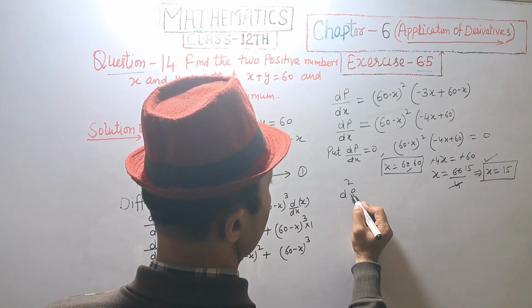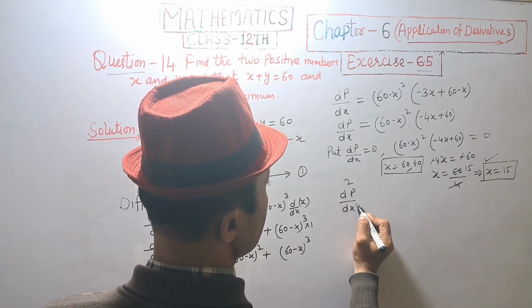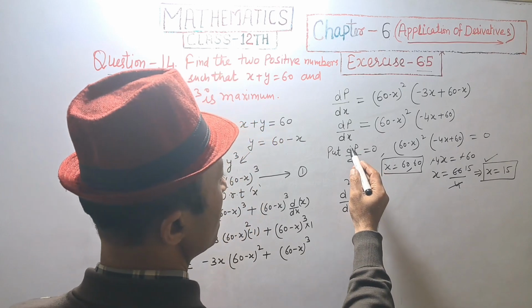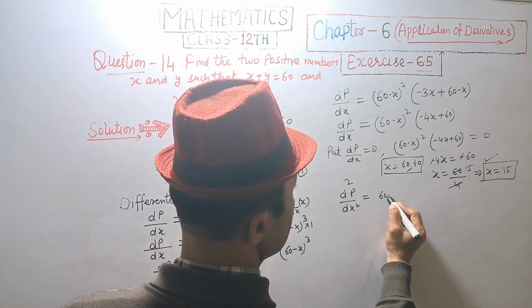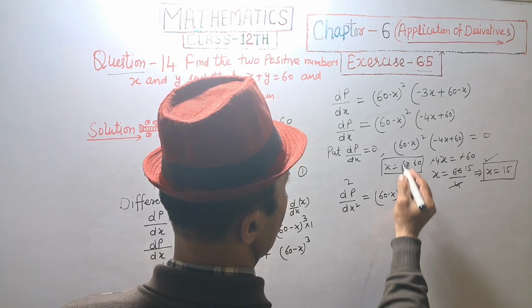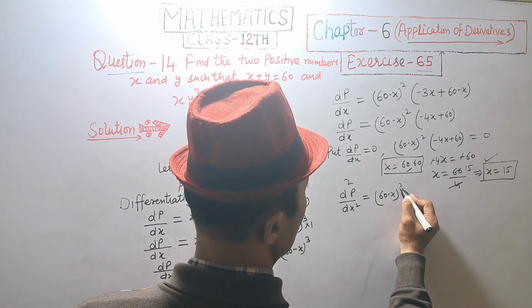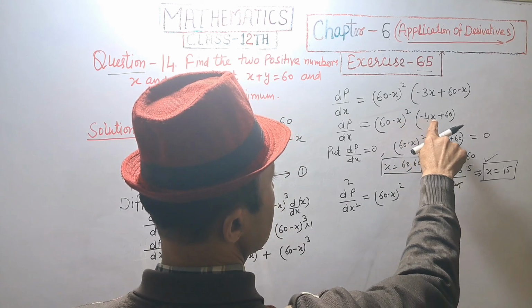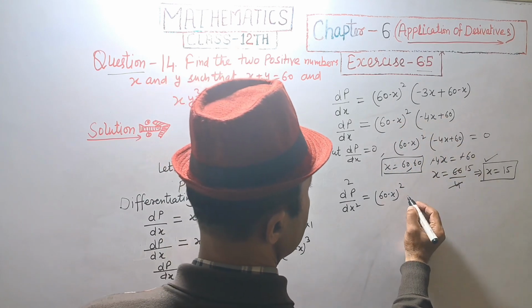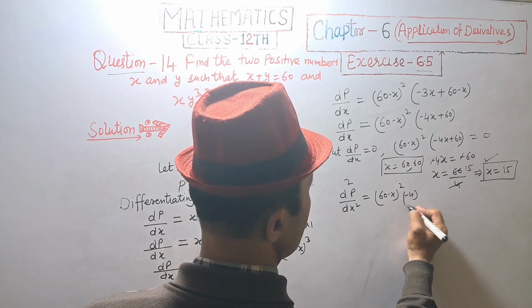d square P upon dx square is equal to (60 minus x) raised to power 2 as it is, first function as it is, and derivative of second function, that is minus 4.